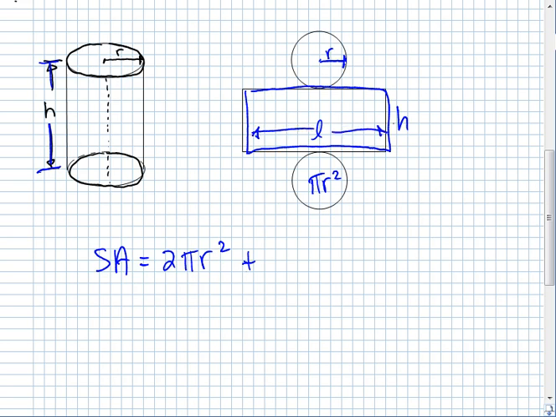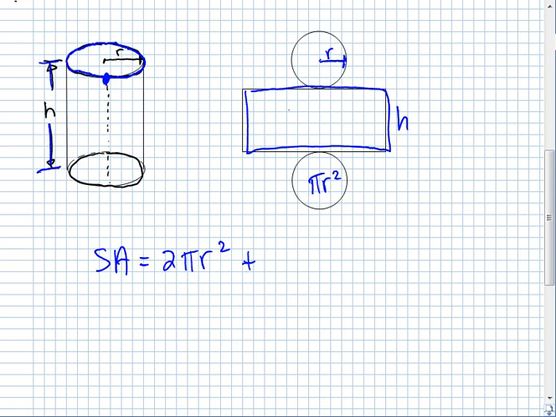I'd like to do it in terms of either radius or height, and I can do it in terms of radius if you recognize that if you cut this in half, this rectangle wraps right around the can once. One complete revolution, or one complete distance around. It's the circumference of the circle on top.